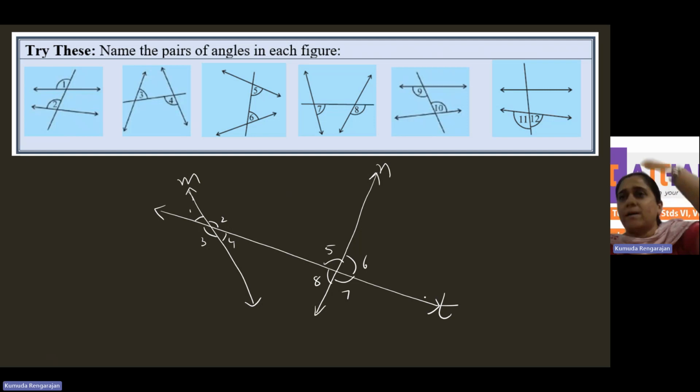Both should be below or above, and then one should be interior, one should be exterior. They should not have the same vertex. 3, 4, 8, 7. In 3, 4, 8, 7, what is an interior angle or exterior angle?